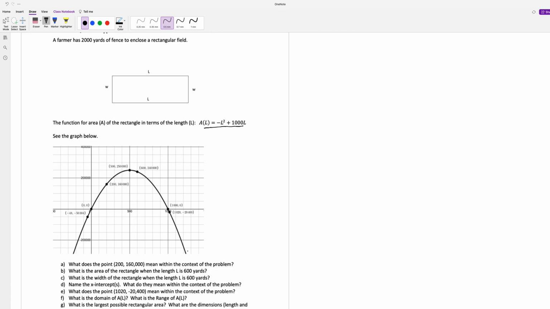The first thing you need to think about when dealing with this kind of problem is, what does each point on the graph represent? Let's think about what the input is, what the output is, and how to think about each point on the graph. Input is what we generally consider the x coordinate, and the output the y.